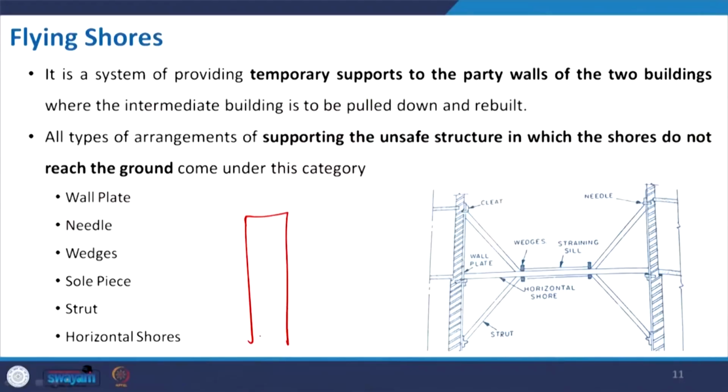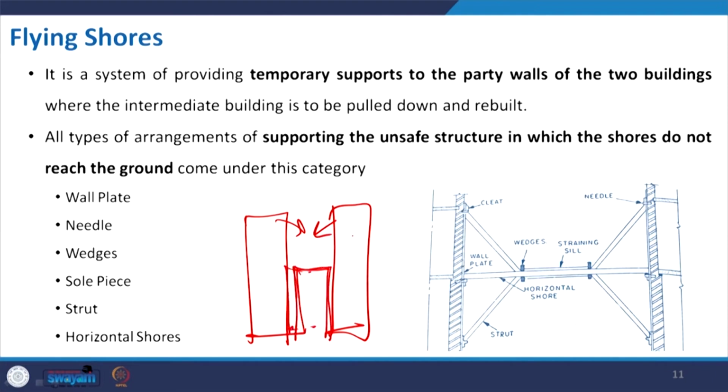Now come to the flying shore. As the name suggests, there will be no connection of any members to the ground. That means suppose there are two buildings and they tend to lean towards each other, or maybe you have to dismantle part of the building in between.